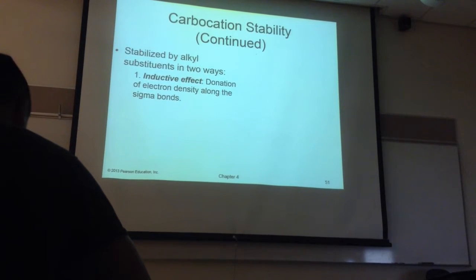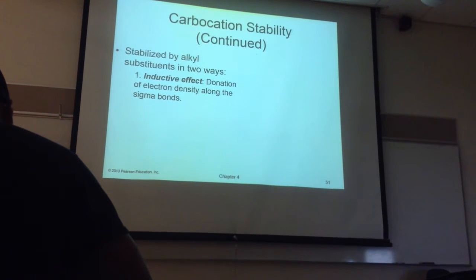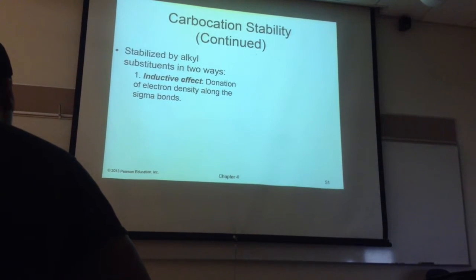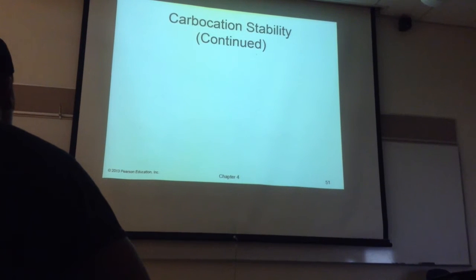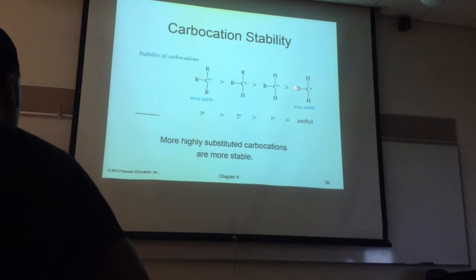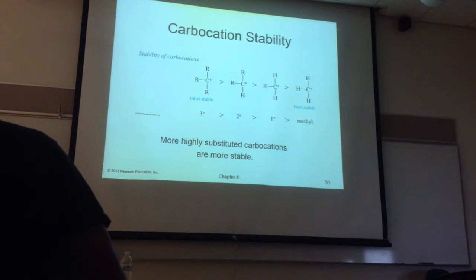This inductive effect is the donation of electron density along the sigma bond. And so I need to add a little bit more than that, right? Can I go back a slide? Are these all sigma bonds? Something is missing in that definition, because these are all sigma bonds.